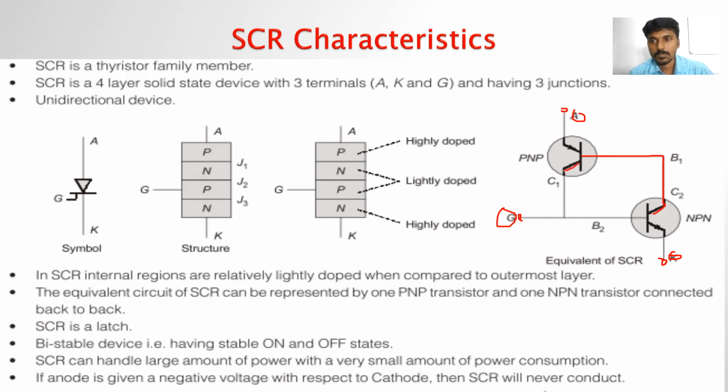The collector terminal of the first transistor and the base terminal of the second transistor are connected commonly. By connecting PNP and NPN transistors like this, we can make a thyristor or SCR. Clear?